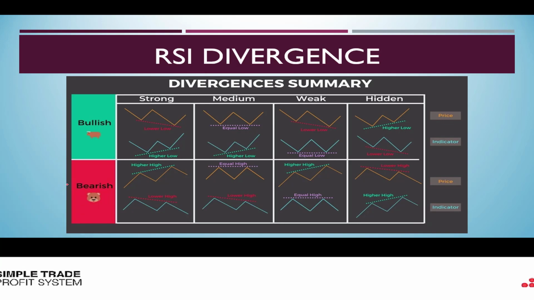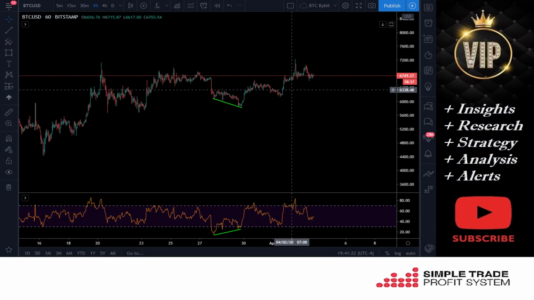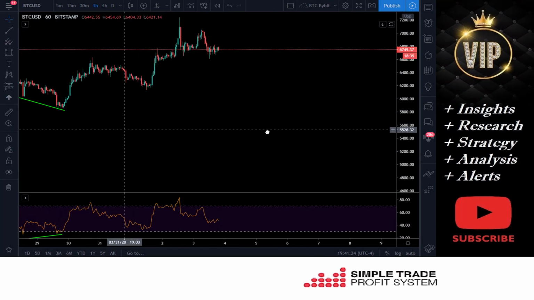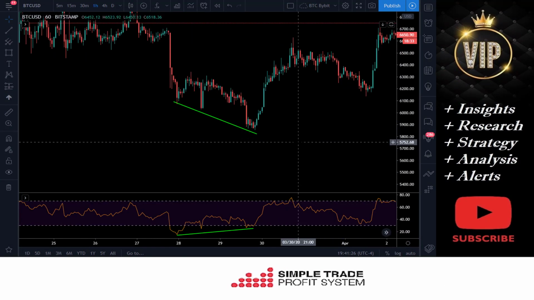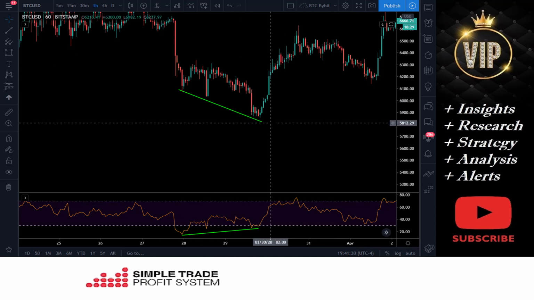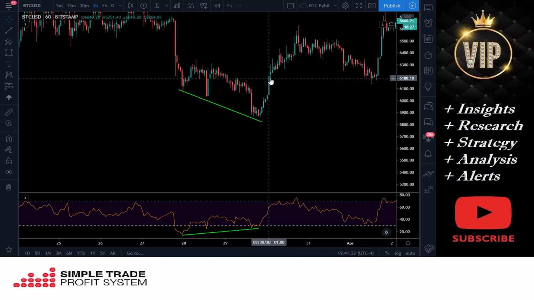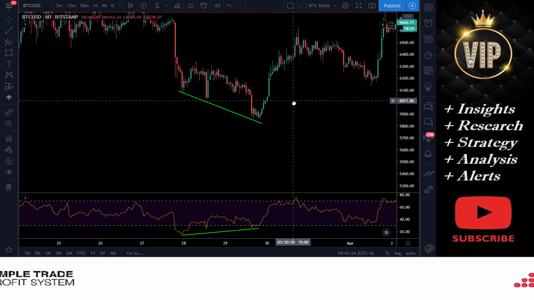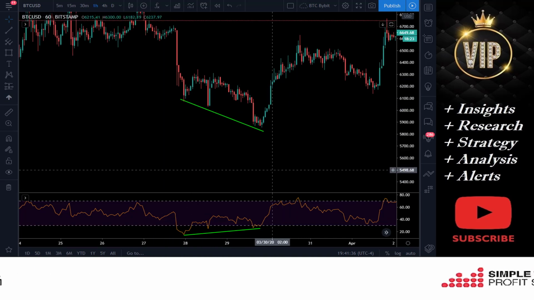So let's go over to the chart and I'm going to show you some examples of this. All right, so let's zoom in here to my first example. I colored this green because green is just a bullish kind of color for me. So this is an example of bullish divergence.